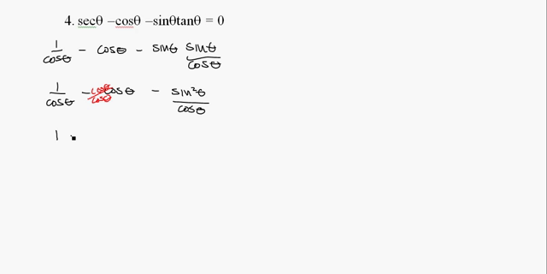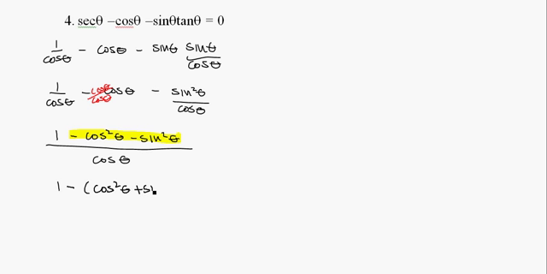So I now have 1 minus cosine squared theta minus sine squared theta all over cosine theta. I'm going to take a negative out of this numerator because hopefully you recognize that this right here is the same thing as sine squared plus cosine squared with a negative there. So I'm going to take out a negative, so that's cosine squared theta plus sine squared theta all over cosine theta. So this is 1 minus 1 over cosine theta, which is clearly equal to 0.